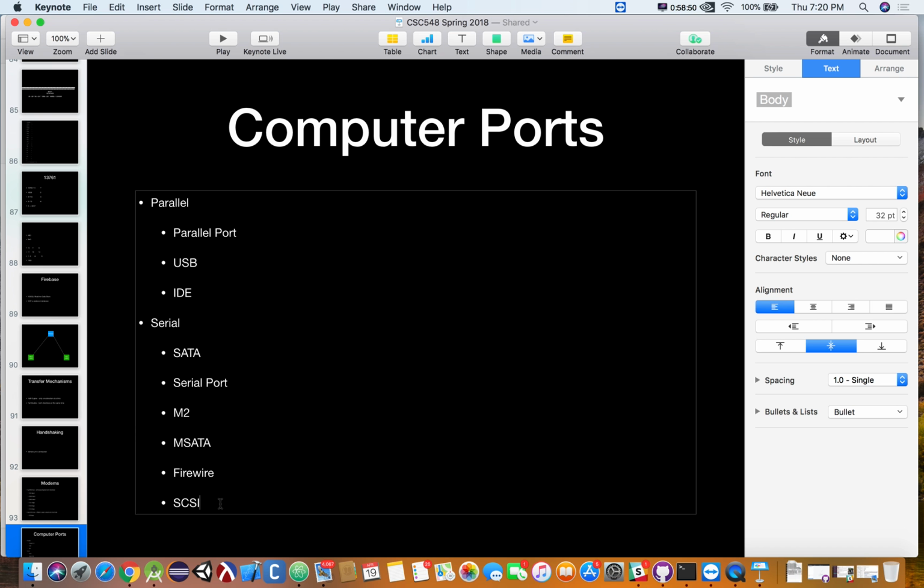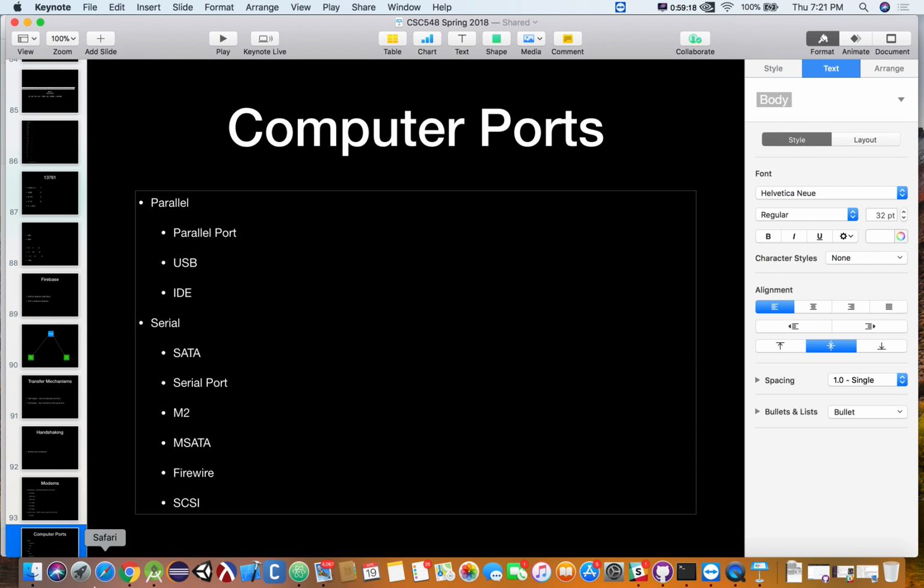But SCSI had trouble getting a standard. There were a whole bunch of different versions of SCSI, and IDE ended up becoming the standard. So IDE kind of won there. A parallel technology was how we hooked our hard drives and CD-ROMs up. Then that was replaced by SATA, which is a serial technology.